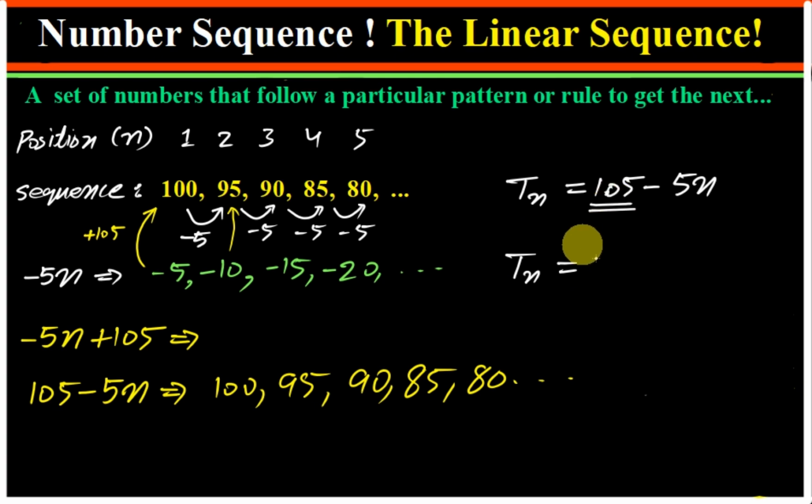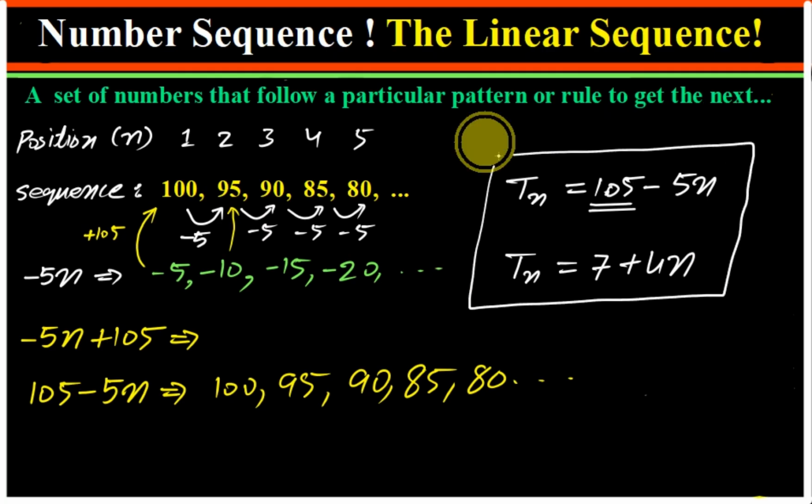Like in the previous example, we added 7 to the multiple of 4. This is how we can find the position to term rule of any linear sequence, whether it is increasing or decreasing. Remember that when it is decreasing, the multiple of that number is subtracted from the constant number, and if it is increasing, the multiple of the number is added to some constant number.